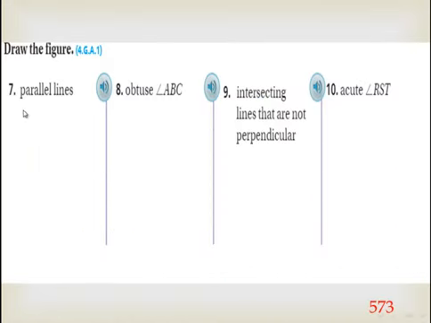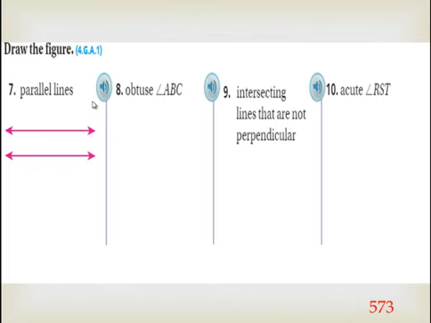Question number 7. Draw the figure. The first figure you should draw: parallel lines. Do you know how you could draw two parallel lines? Yes, you have learned it before, like this. Do you know how you could draw an obtuse angle, and how can you name it?